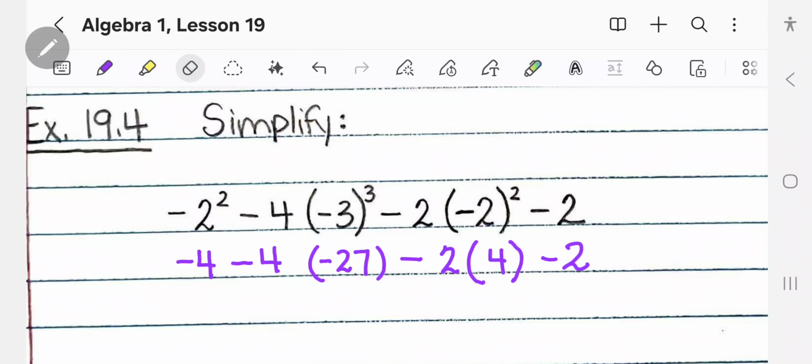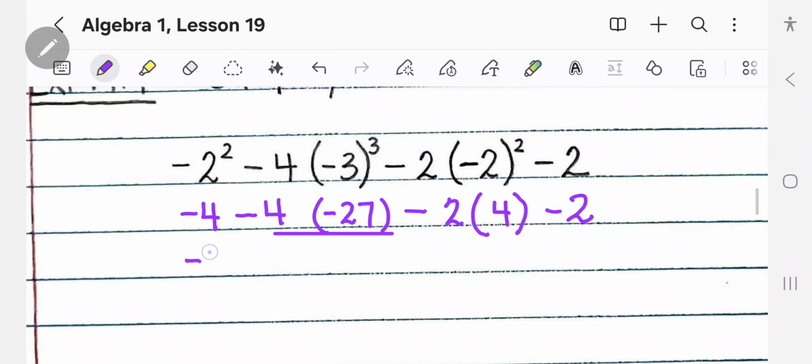Okay, so we made it a little simpler. Now let's go through. I see some multiplications. Do you see where there are things up against parentheses? And I can go ahead and do those multiplications. So let's start with doing this. So I'm going to copy down the minus 4 times 27. 108.